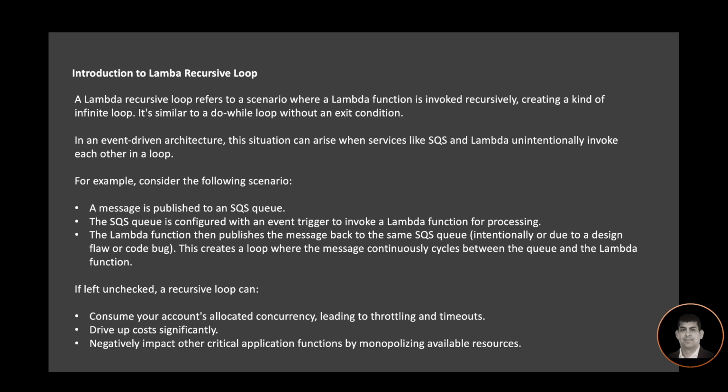Now this SQS queue is configured with an event trigger to invoke a Lambda function for processing. The Lambda function then publishes the message back to the same SQS queue. This is basically due to a design flaw, code bug, or any other reason, but it is going to create a loop where the message continuously cycles between the queue and the Lambda function.